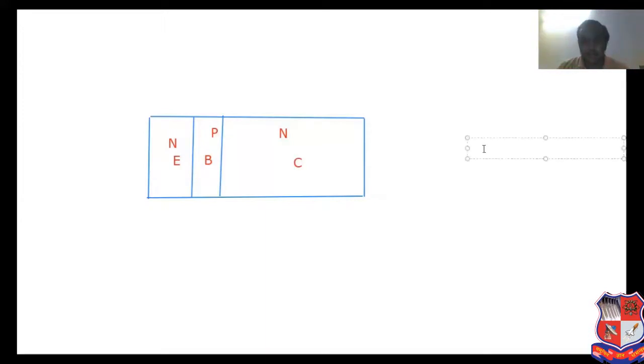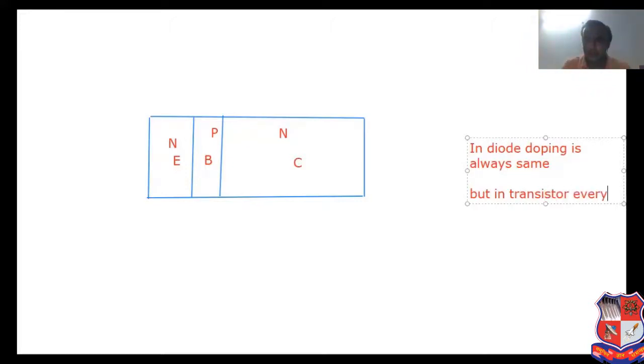In a diode, doping is always the same, but in a transistor, every terminal has different doping.